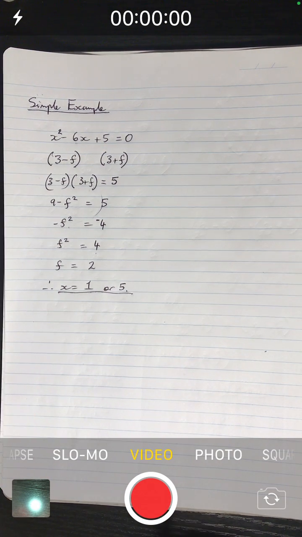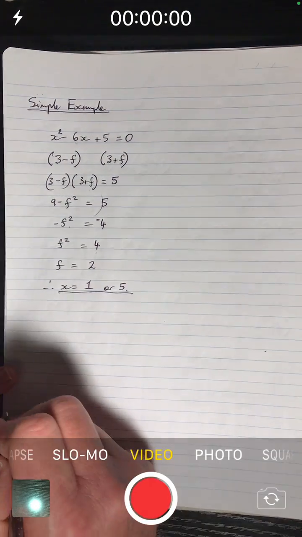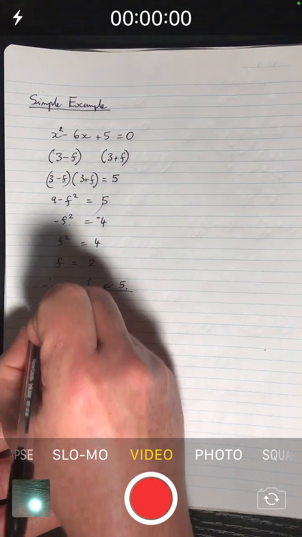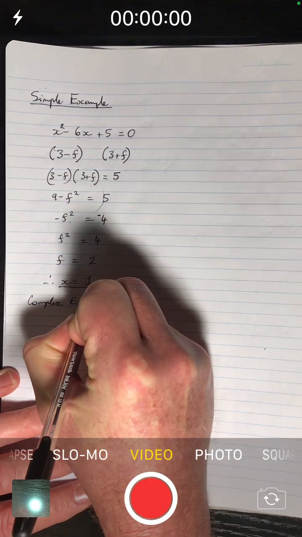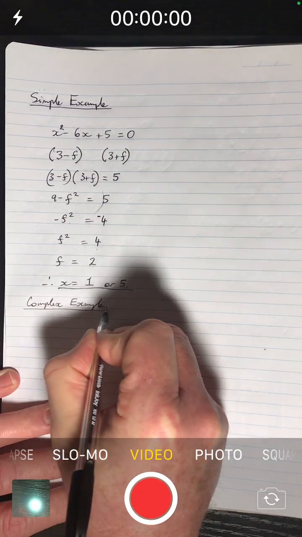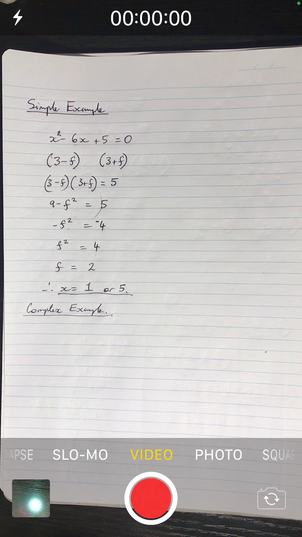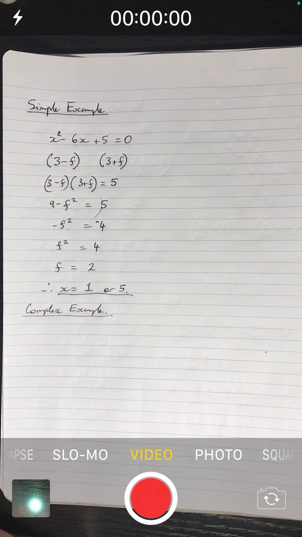Okay, now there are probably easier ways of going about solving that one, but now let's have a look at a complex example. Now, in the previous video in this PowerPoint, I showed you how to derive the quadratic formula.